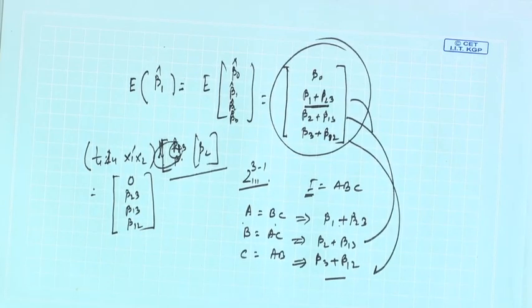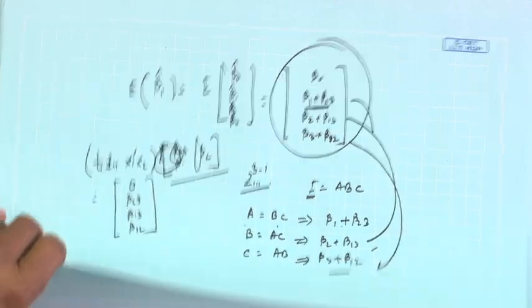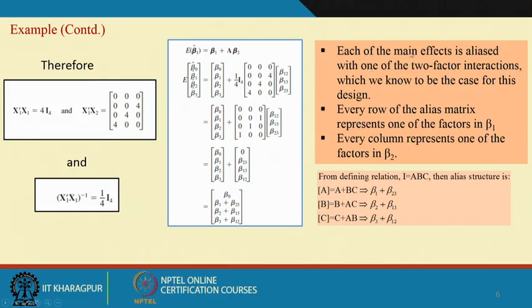So, that is the regression approach for alias structure determination. Okay. So, let me read out. Each of the main effects is aliased with one of the two-factor interactions, which we know to be the case in this design from using defining relations. That is what I have shown here.